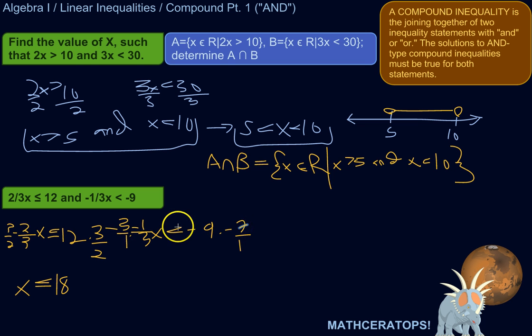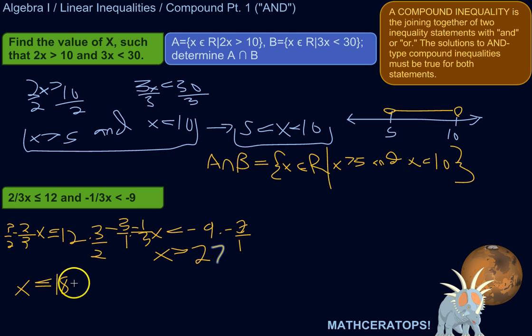Now, when I multiply or divide both sides of an inequality by a negative number, I need to remember to flip the sign. So I'm flipping the sign now so I don't forget. Okay, so these cancel out, so I just have x on this side. That's a 3, not a 7. So negative 9 times negative 3 is positive 27, divided by 1 is just 27.